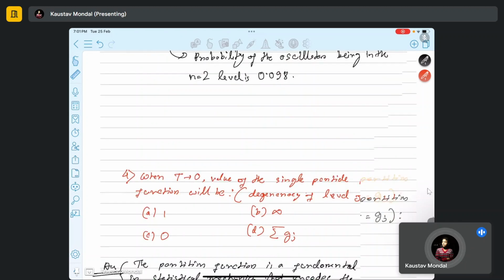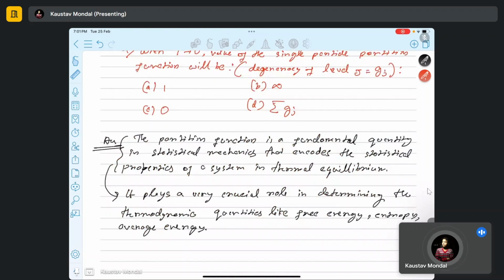These are the quantities that you can calculate if you know the partition function of a system in thermal equilibrium. Using that partition function, you can calculate all of these quantities like free energy, entropy, average energy, all these things. Okay.